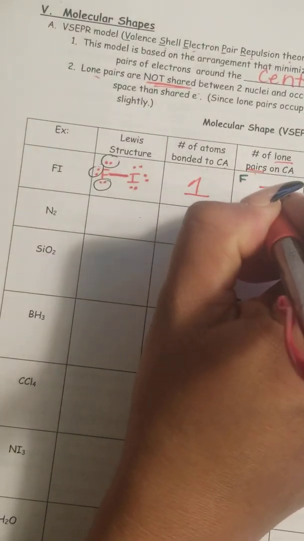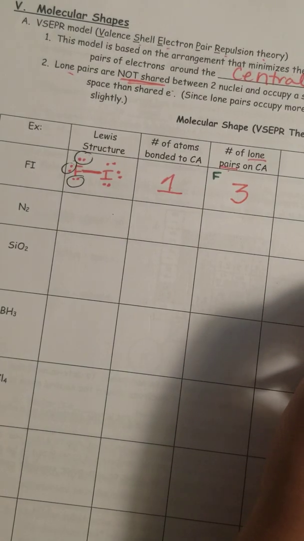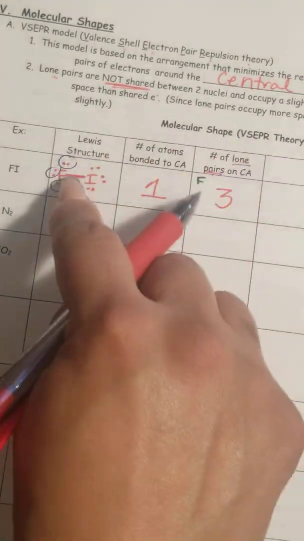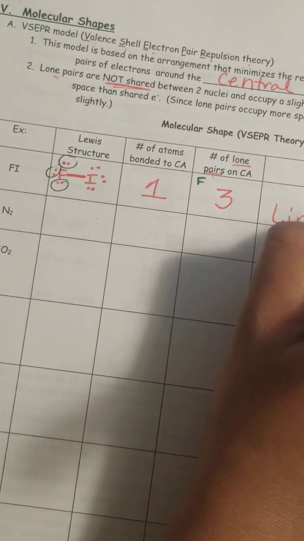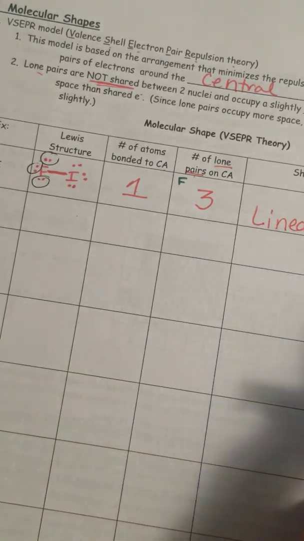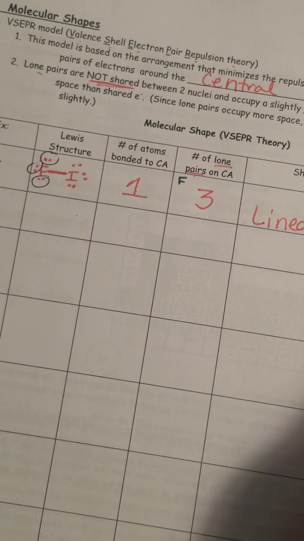So how many pairs? There are 3 pairs of electrons that are not shared. The shape that we call this is linear.